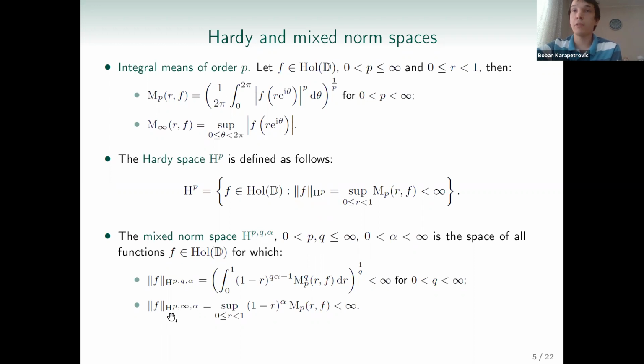So if we allow alpha to be 0, then the space H^{p,infinity}_0 is actually the Hardy space H^p. And in that context, the spaces H^{p,infinity}_alpha are known as weighted Hardy spaces.